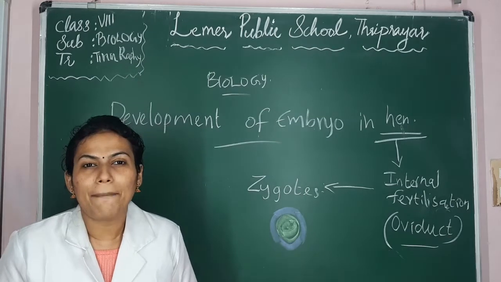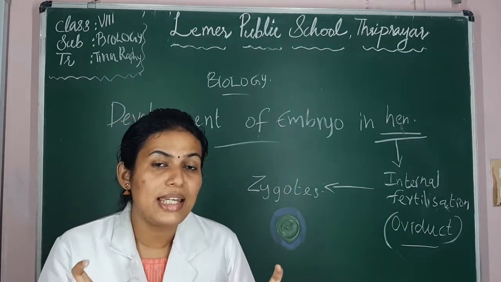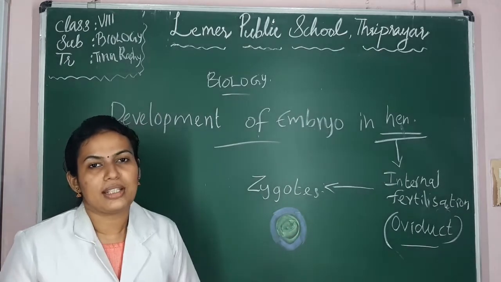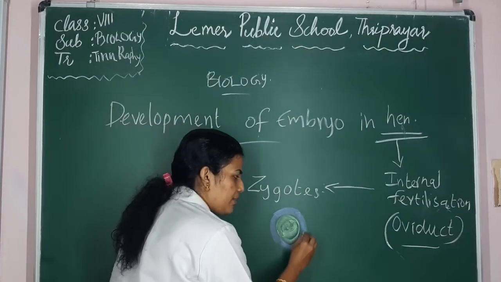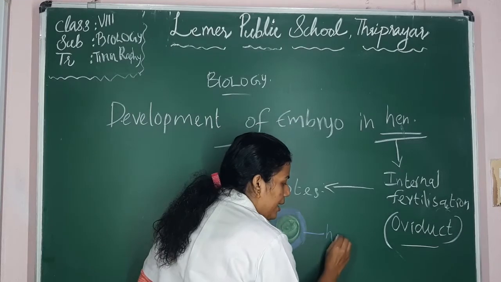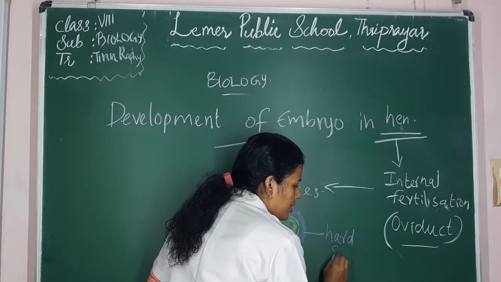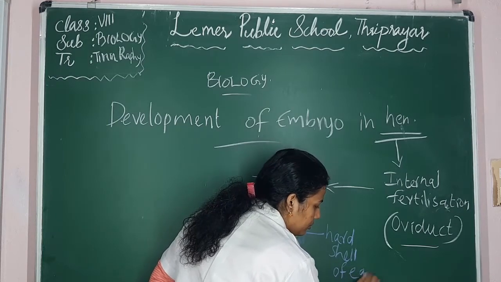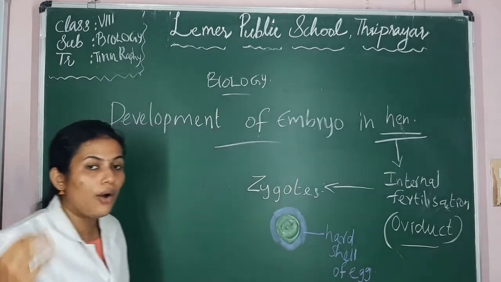Now the hard shell we see in a hen's egg is formed from this protective layer. This protective layer will develop into the hard shell of the egg.